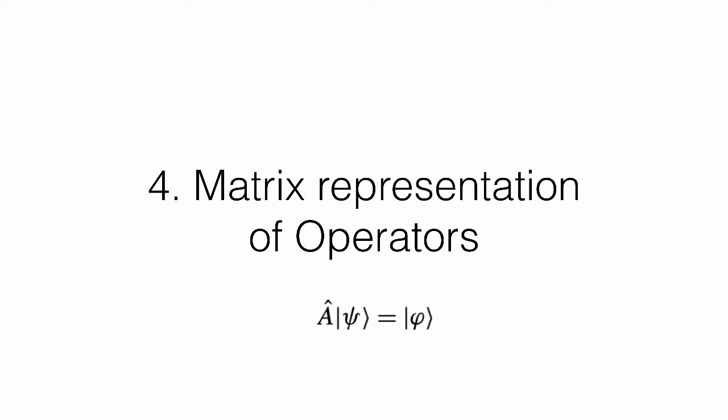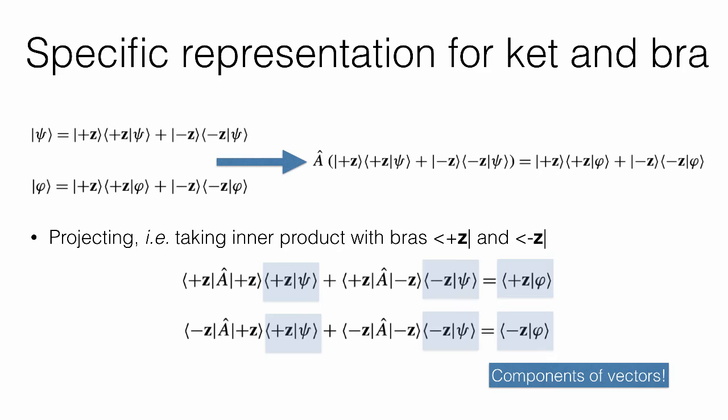Okay, now that we have worked on a number of operators, we are going to work on their representation. In fact, we are going to see that the operators will be represented by matrices, just the same way as kets are represented by column vectors, and bras are represented by row vectors.